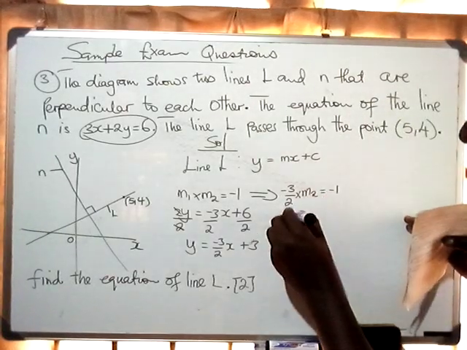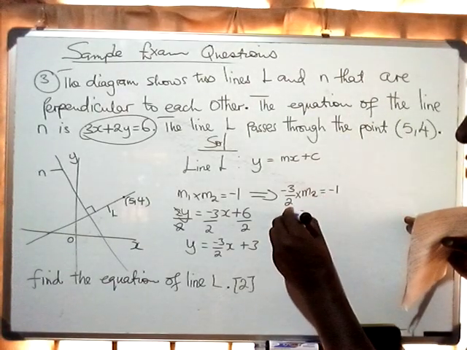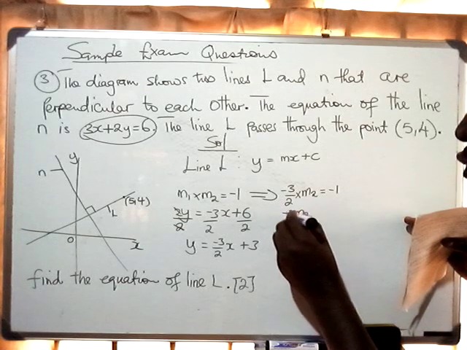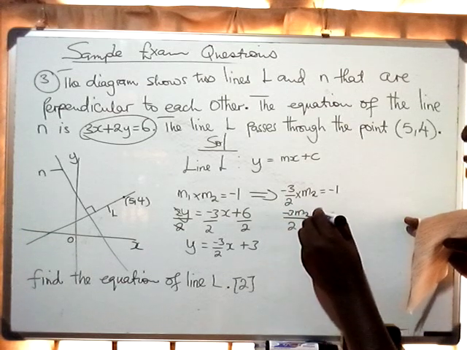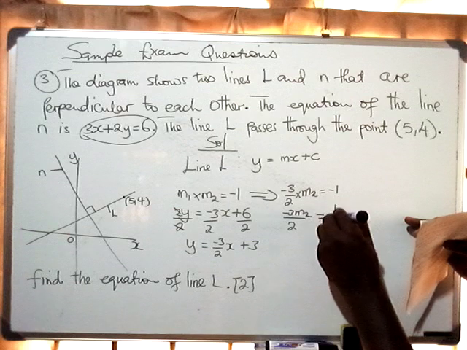So in this case, we have -3m2 over 2 is equal to -1.